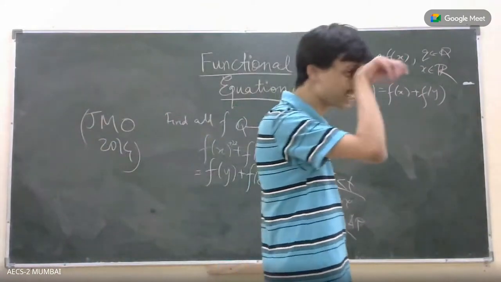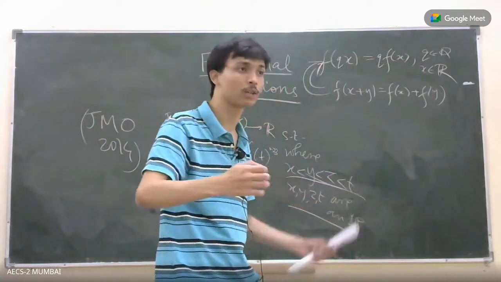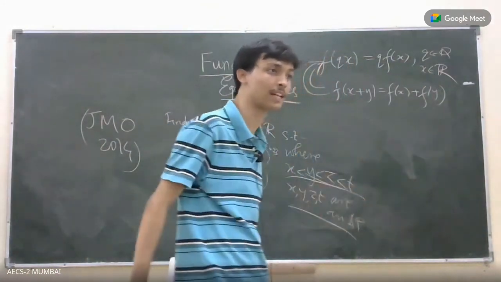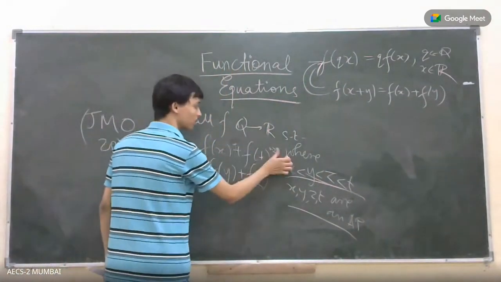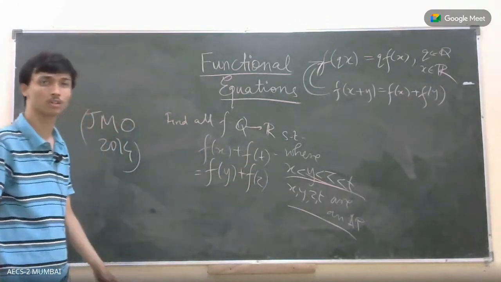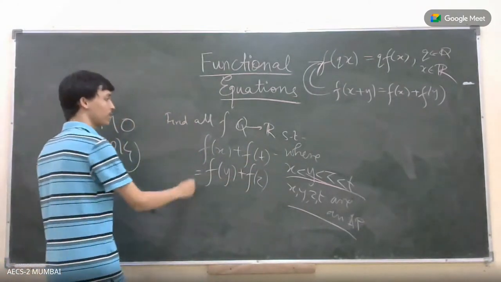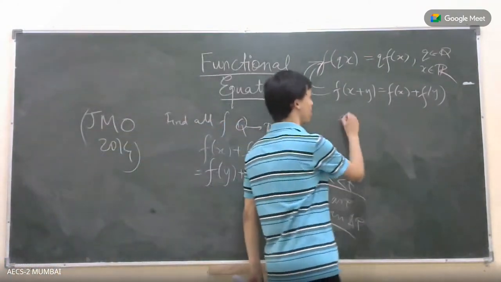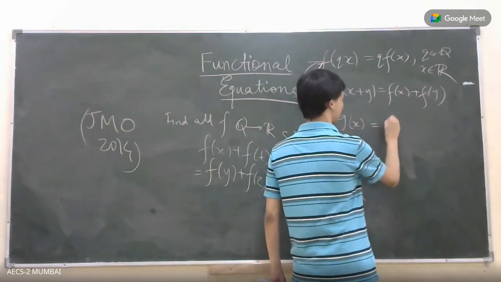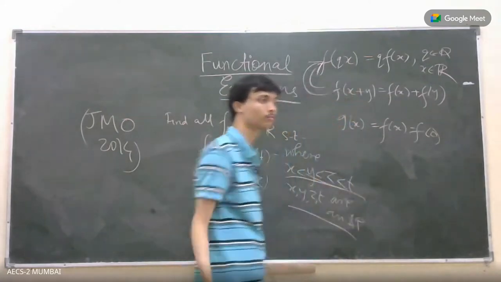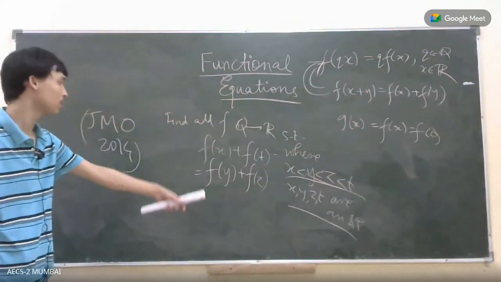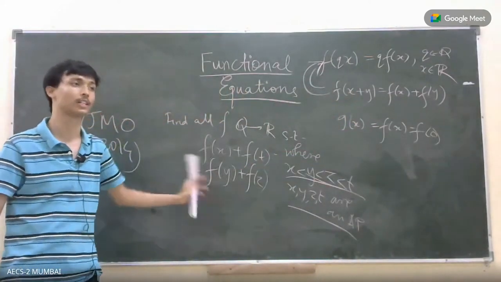So when you have a functional equation where you can shift the function and the function still satisfies the equation, what should you do? Shifting, right? So now g0 equal to 0, and g will also satisfy this, right?